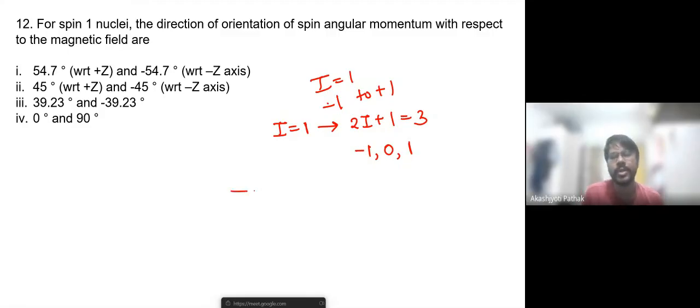So the three values are 0, 1 and minus 1.